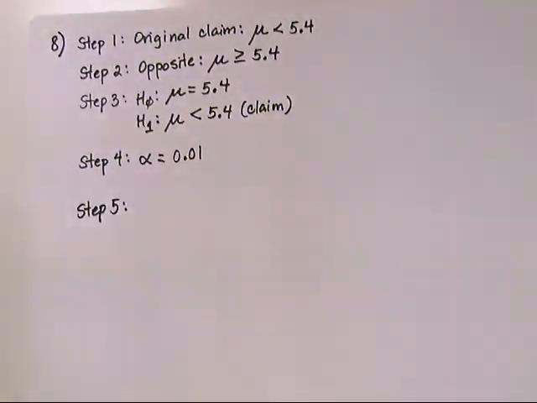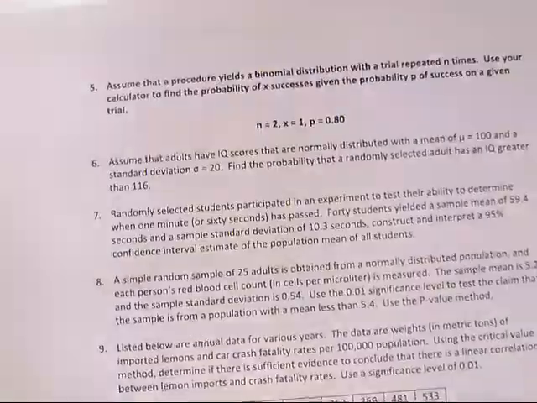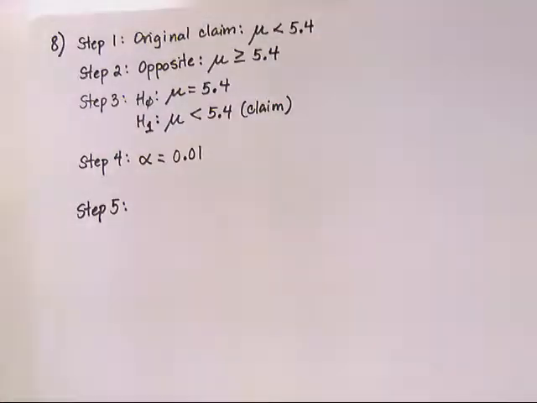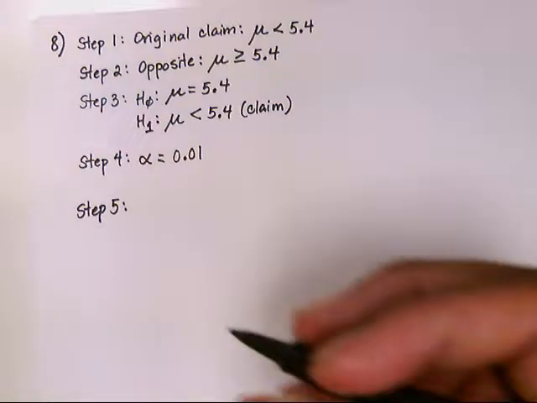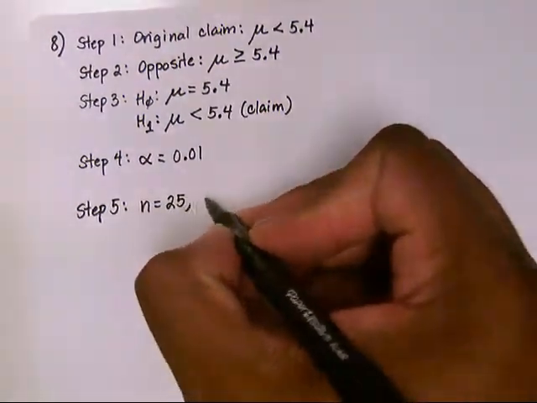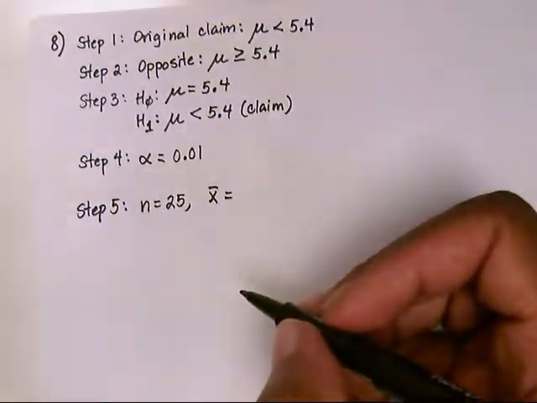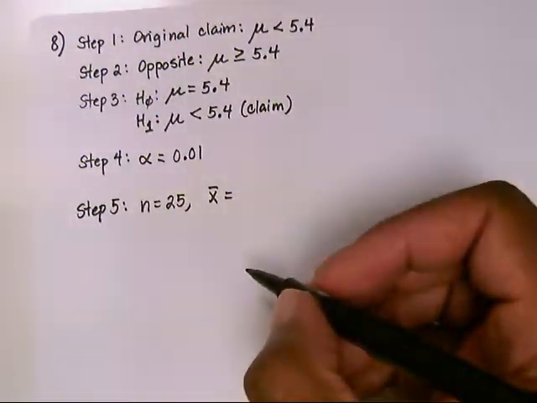Now, in step number 5, we're going to calculate the test statistic. Well, let's identify what we're given in this problem. We got a simple random sample of 25 adults, so n is equal to 25. We got a sample mean of 5.29.